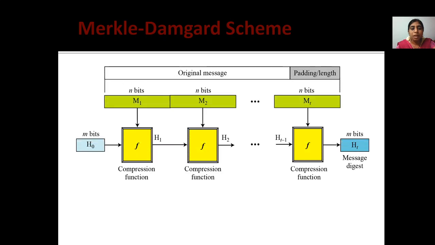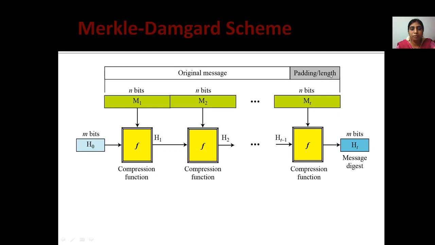So let us see. The Merkle-Damgard scheme has been proposed as the iterated hash function. This hash function is used in further algorithms like SHA, HMAC, and so on. You can see the block diagram of it. We have the original message and we pad the number of bits.